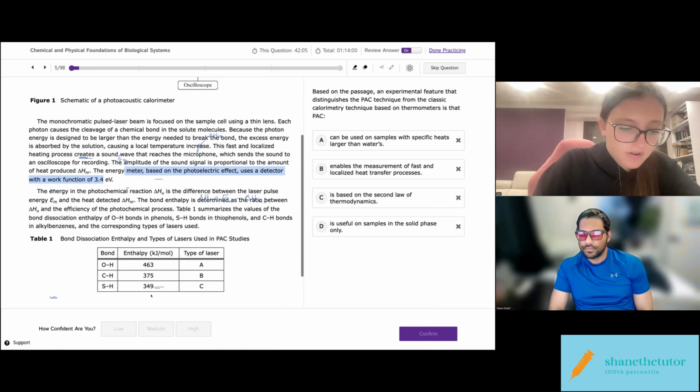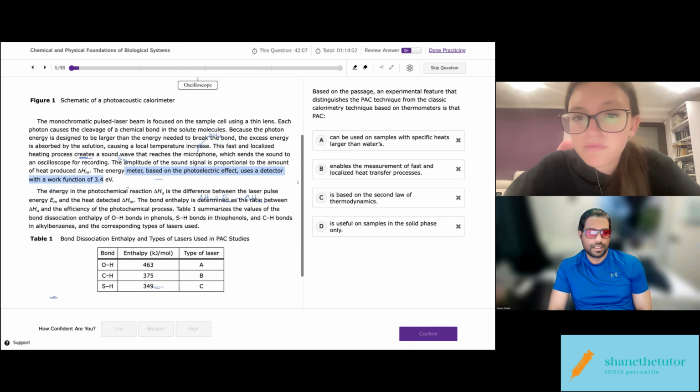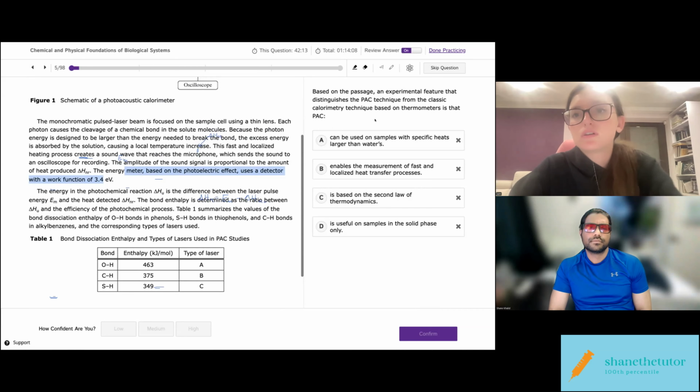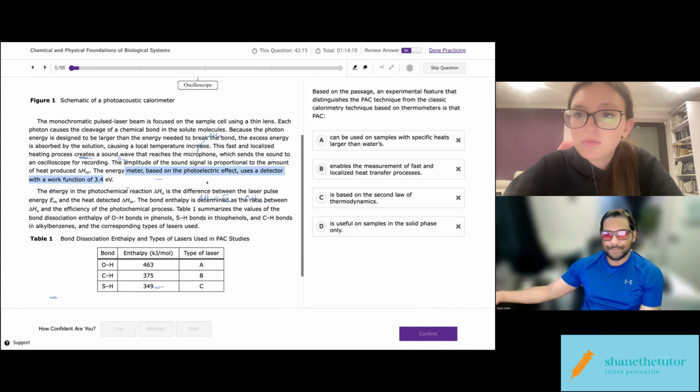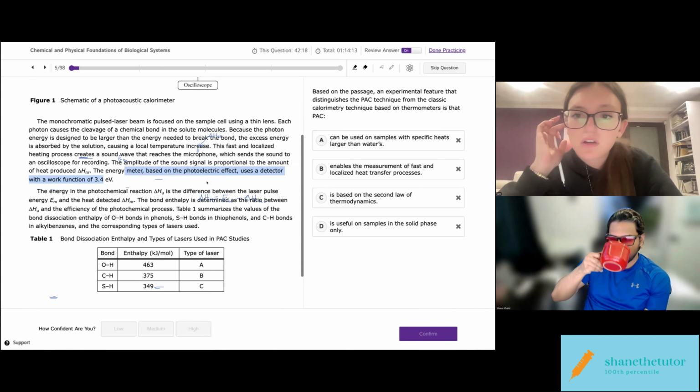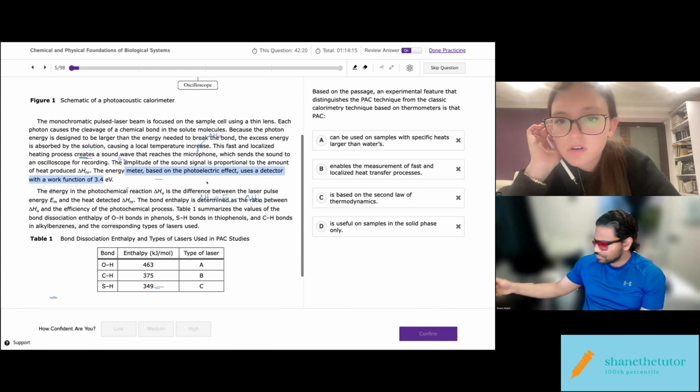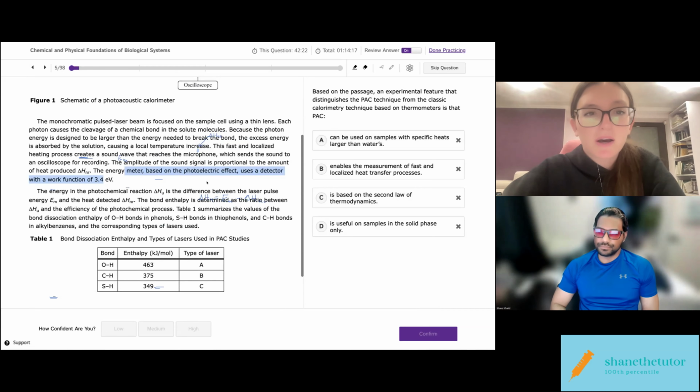So I feel like the experimental feature that distinguishes the PAC technique from the classic one based on thermometers is that... Was PAC based off of water heat?